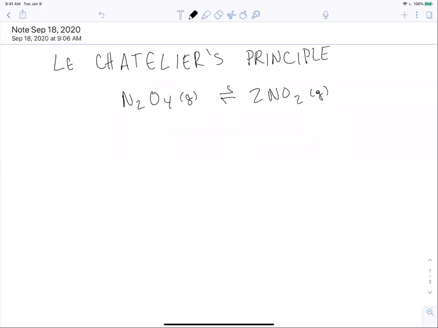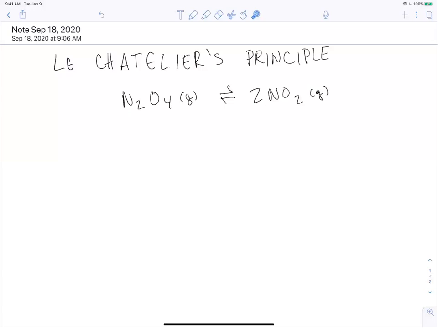Then what happens if I knock it out of its equilibrium state? If I'm at equilibrium and I add more NO2, how does that affect the reaction? The answer is just that it pushes it back towards the reactants. And the opposite is true: if I add reactants, I push it towards the products. Those are probably the two most important parts of Le Chatelier's principle.